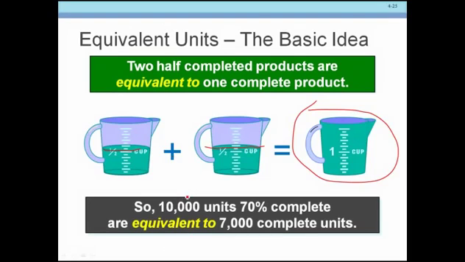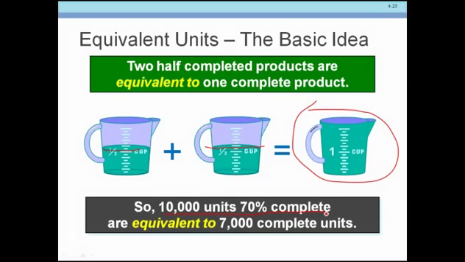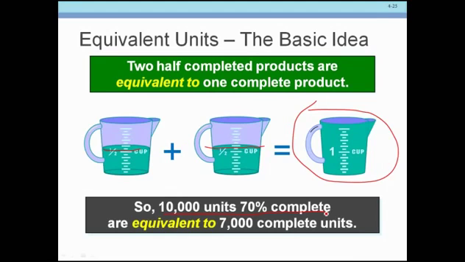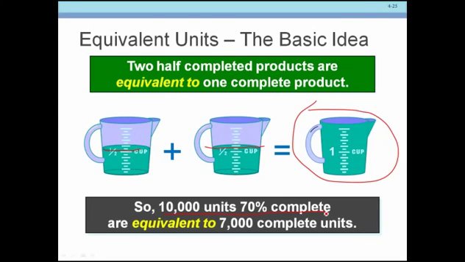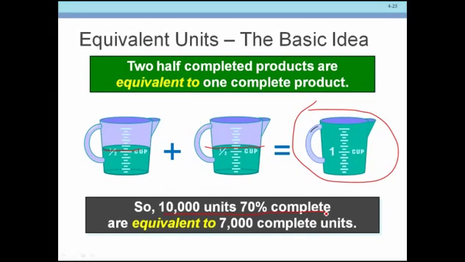So let's assume we have 10,000 units, 70% completed. Even though I'm not specifying here, I'm assuming it's 70% as to material, labor, and overhead, because sometimes the material could be 80%, the labor could be 60%, and overhead could be 30%. But here we are assuming it's 70% completed as to all material, labor, and overhead. Well, what's the equivalent unit of 10,000 units, 70% completed?